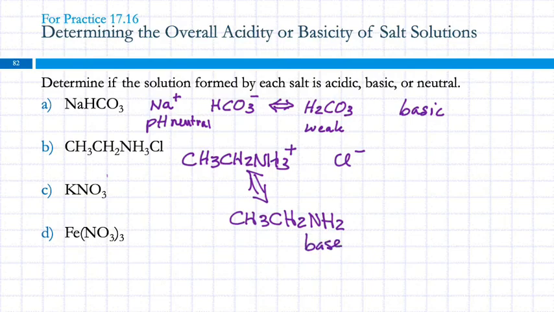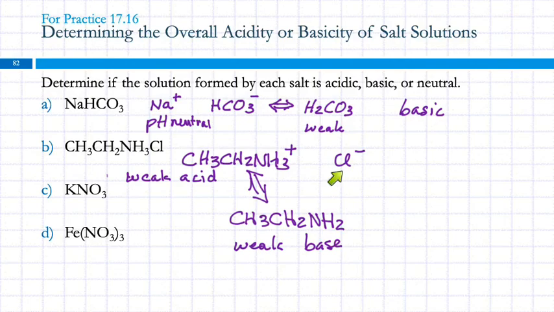Is it a strong base or a weak base? It's a weak base. The strong bases all have hydroxide in them. So this is a weak base, so its conjugate is a weak acid. So this ion will act as an acid.